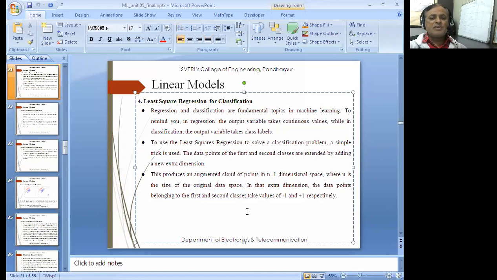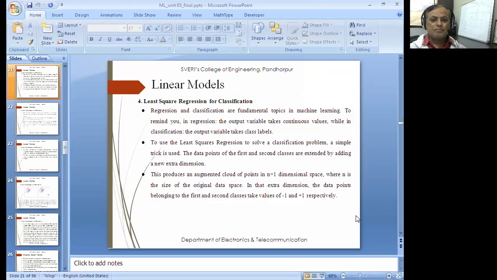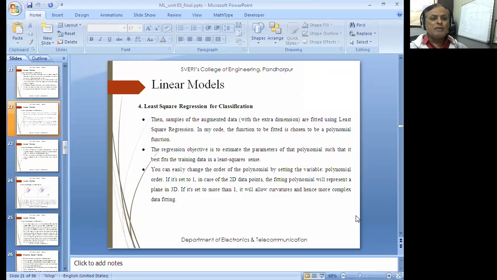Now if we add an extra dimension, what will happen is that the data points belonging to the first and second class will take the values of +1 and -1 respectively. With this augmented data, which is nothing but adding the extra dimension, with the help of least square regression we are estimating the best fit of the training data.